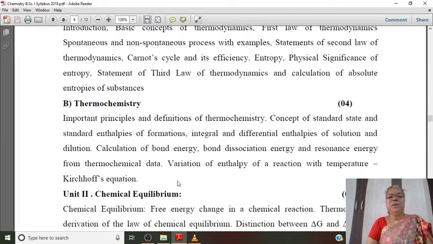Then the variation of enthalpy of a reaction with temperature and Kirchhoff's law.